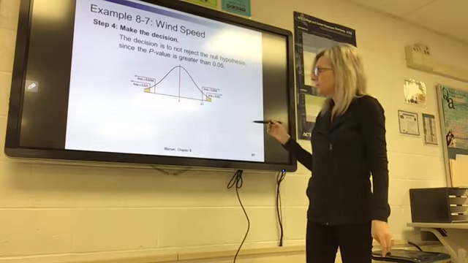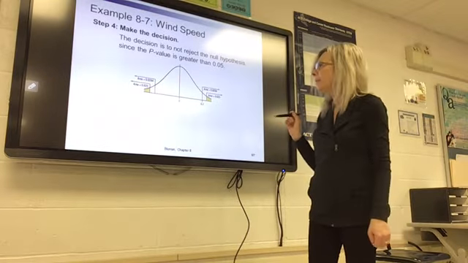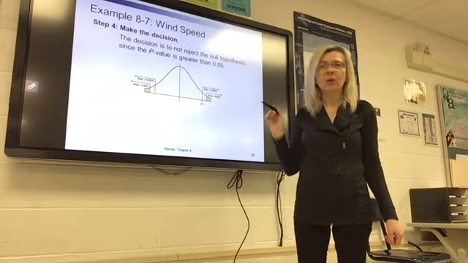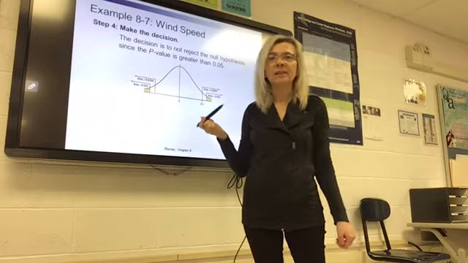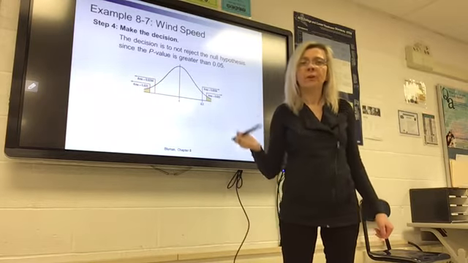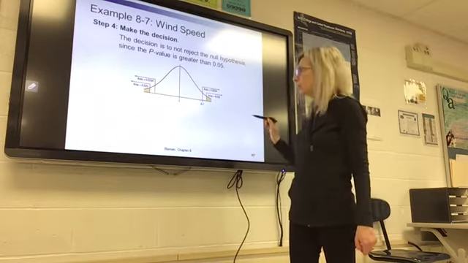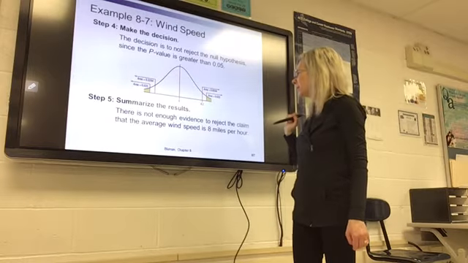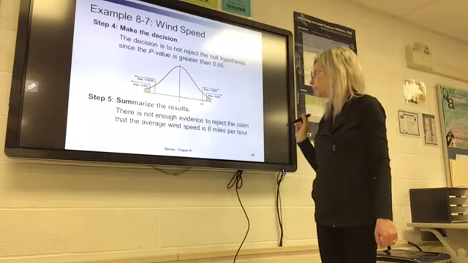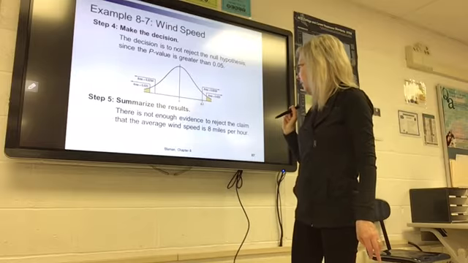So we don't reject the null, and as we remember, the null was our claim. Because it's a null hypothesis, we can't confirm it. We can only reject it or not reject it. So our summary will say there is not enough evidence to reject the claim that the average wind speed is 8 miles per hour.